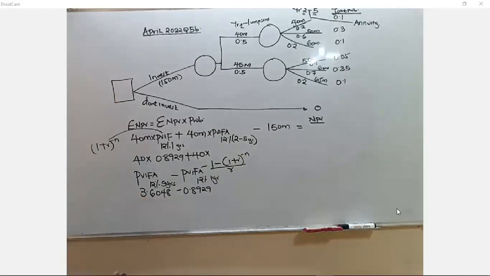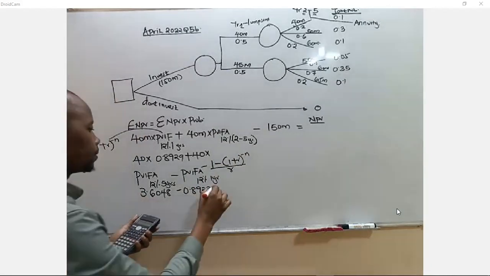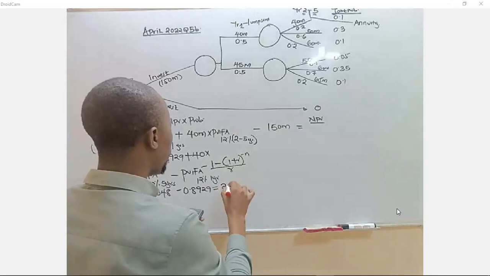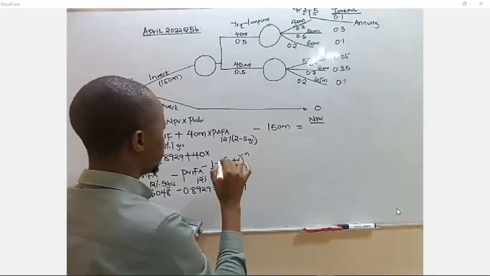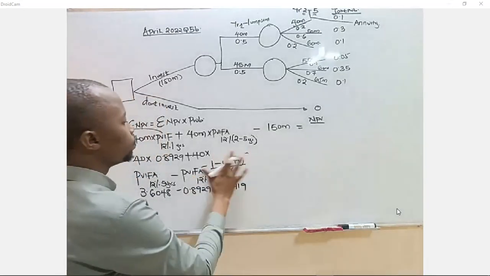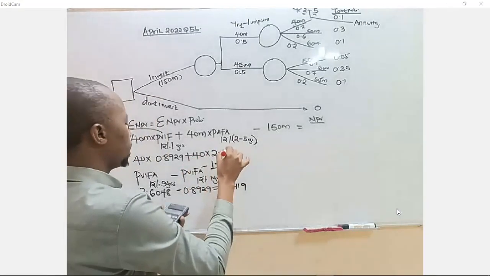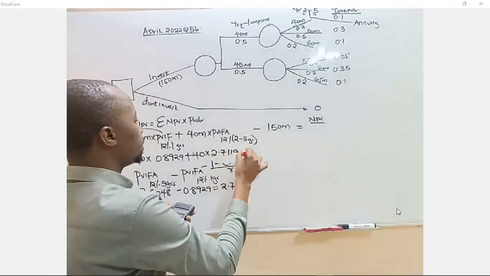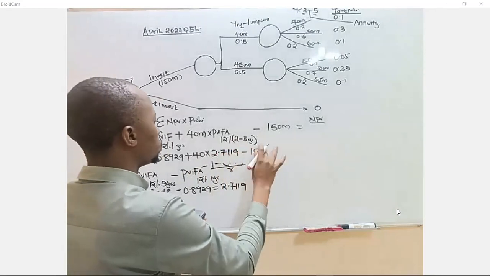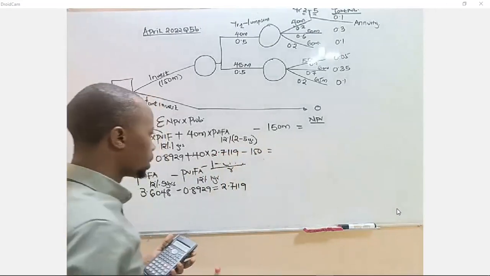Now, 3.6048 minus 0.8929, we are getting 2.7119. And that is the figure that you're going to be feeding here. You multiply with it here, 2.7119. Then we subtract our initial outlay, which is 150. So what is our NPV?